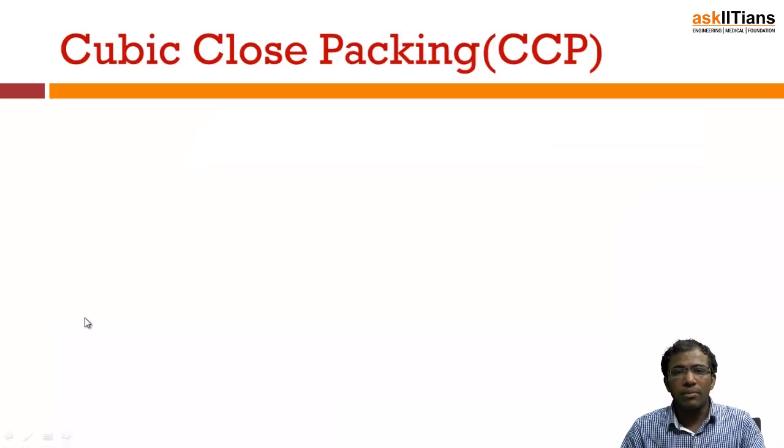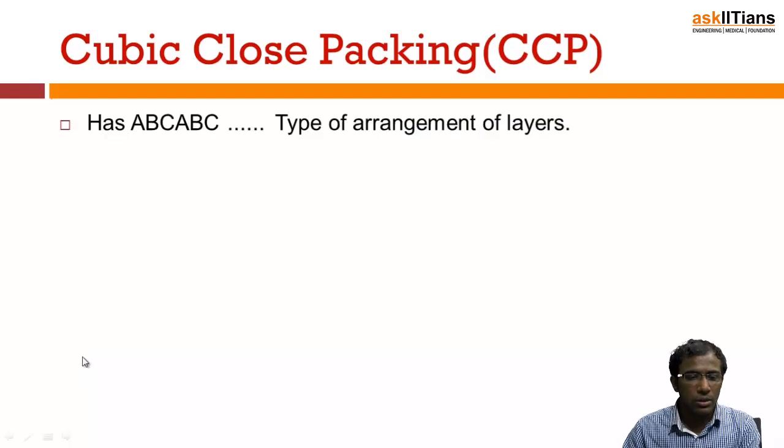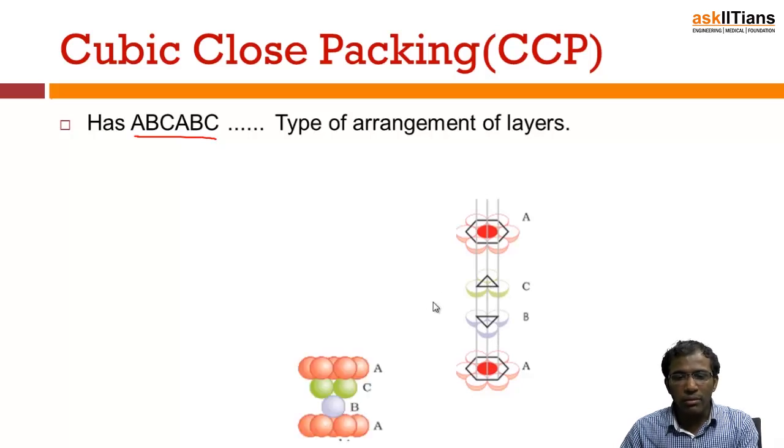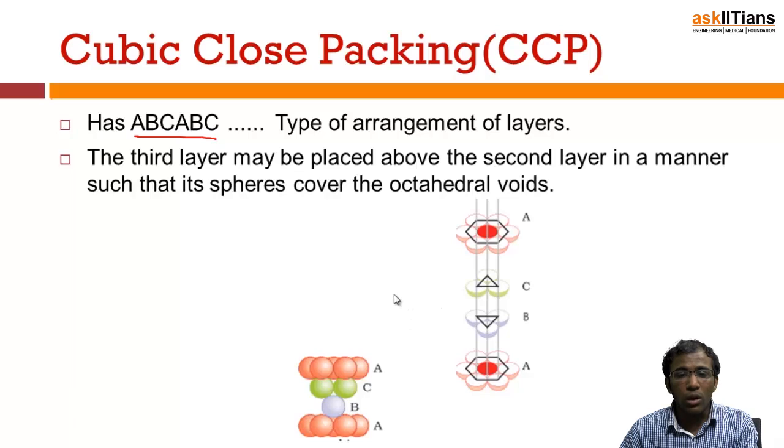So let's move to the ABC type of arrangement, that is cubical close packing structure, CCP or FCC. It has an ABC type of arrangement of layers. First layer, and we have the second layer, and the third layer we place to cover the octahedral voids, right?